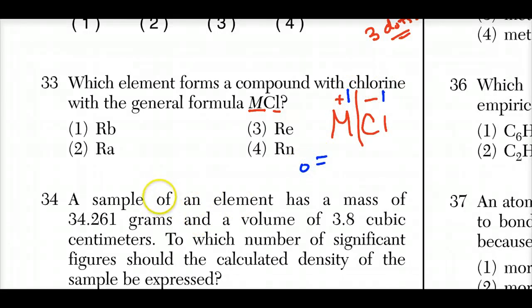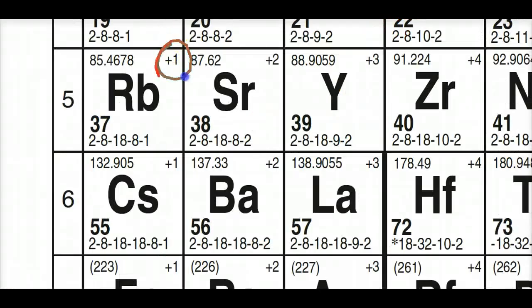So which element has a +1 oxidation state? Okay. Rubidium or radium? Well, the answer is going to be 1 because rubidium is a group 1 ion. But if you don't know that, you look in the reference table. Which one has a +1 state? So we go to the periodic table, and we can see that clearly rubidium has that +1 charge.